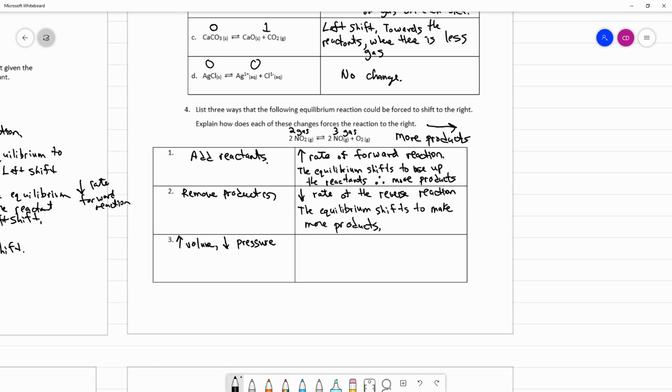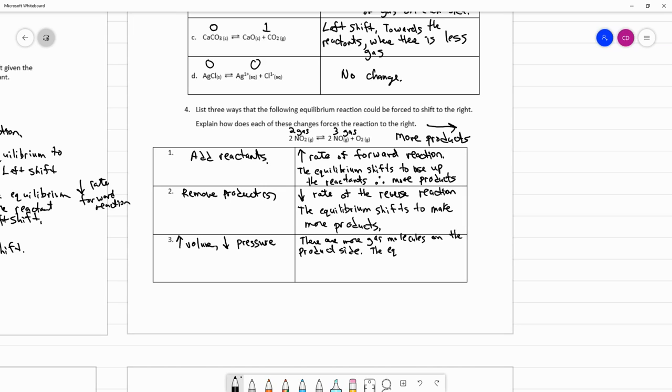Because we want to have this equilibrium shift to where there's more pressure. More gas means more pressure. So there are more gas molecules on the product side, and decreasing the pressure will want to counteract by increasing the pressure of the system.